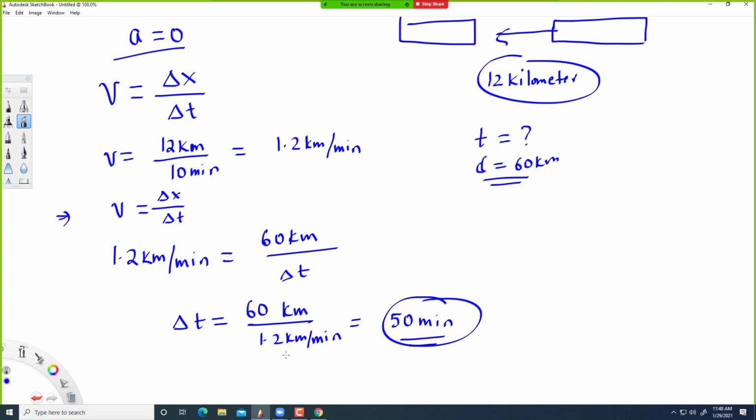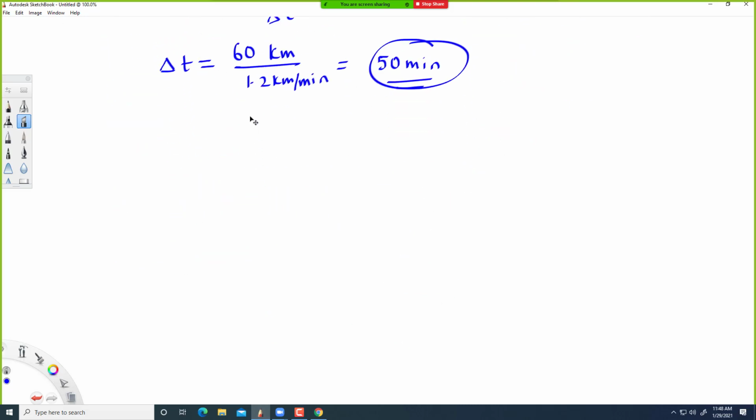So let's look at the last one, number 5. We are almost out of time, so this will be the last one, and then we'll continue next time. We have a velocity versus time graph, and it's asking what would be the position of the object at 4-second time. So look at the first part of the graph.